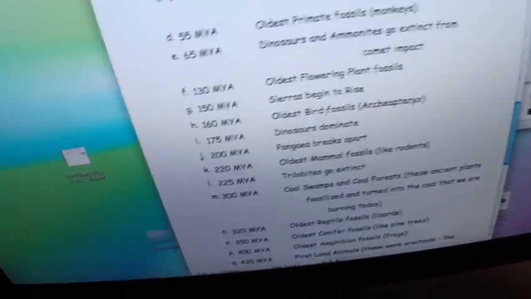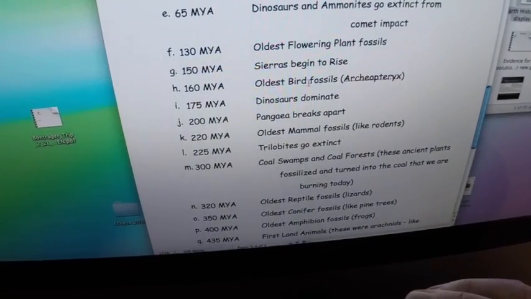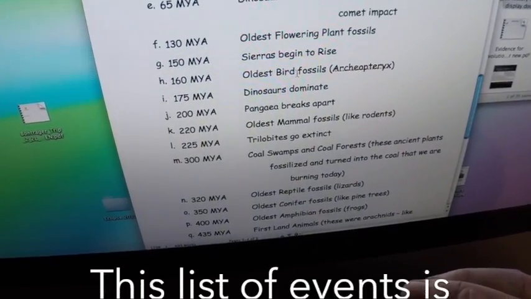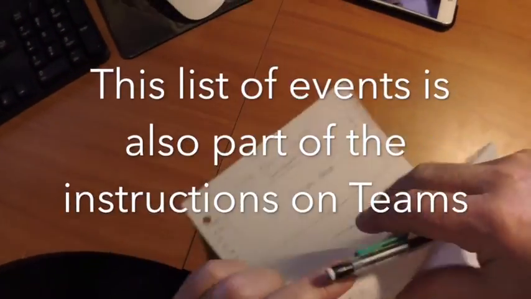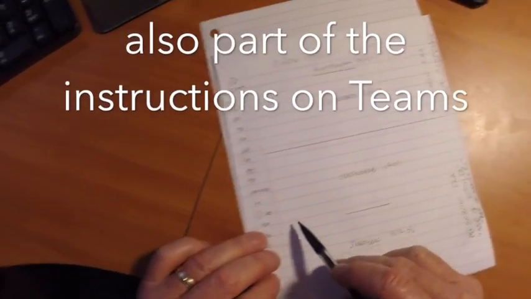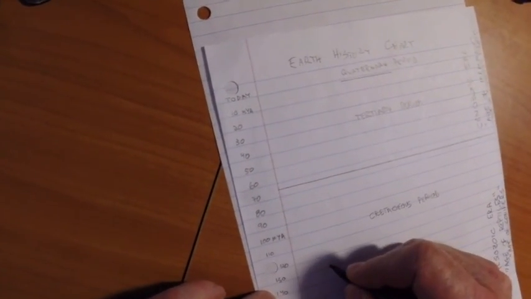So for instance, let me see, I'm just going to choose one. 130 million years ago. So at 130 million, I'm going to go to 130 right there, and the event was that these are the oldest flowering plants.